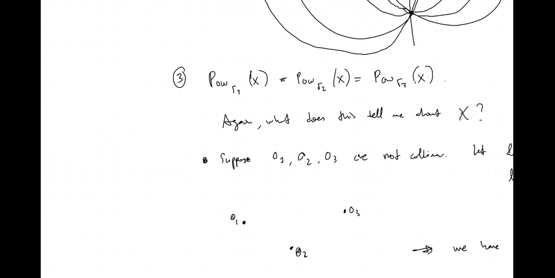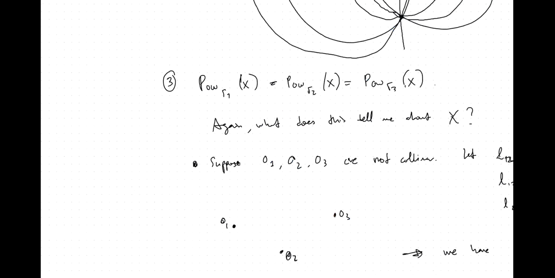So let's call this situation A, or B. Suppose O1, O2, O3 are collinear.